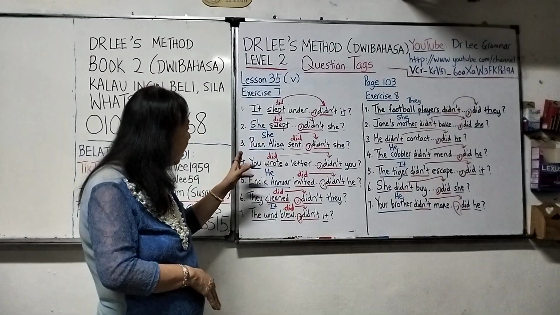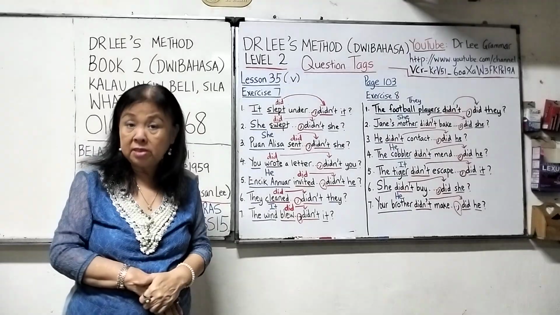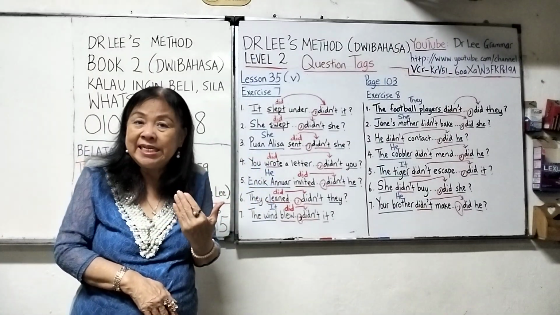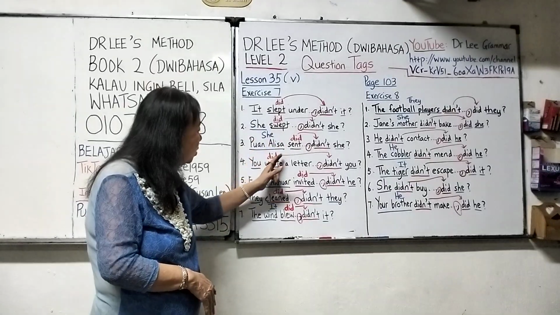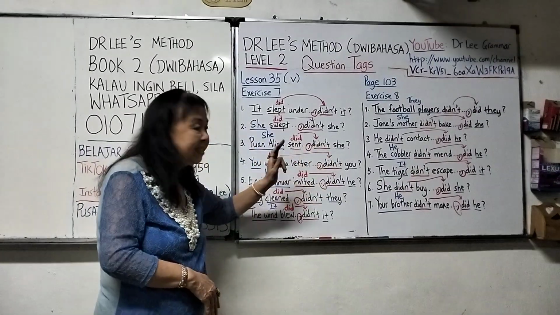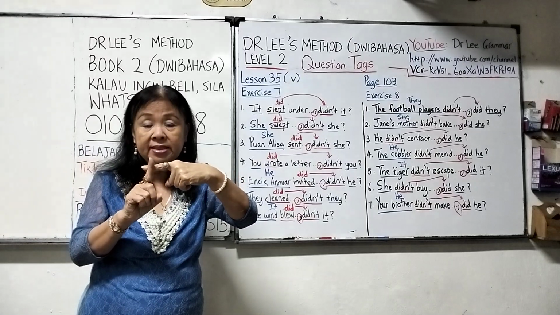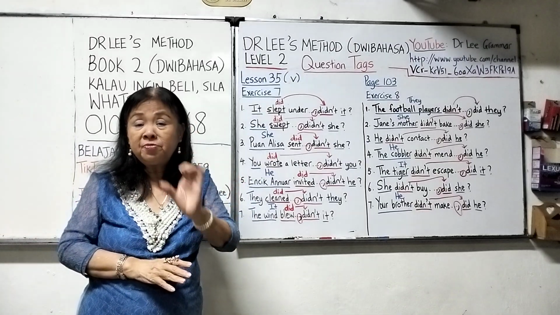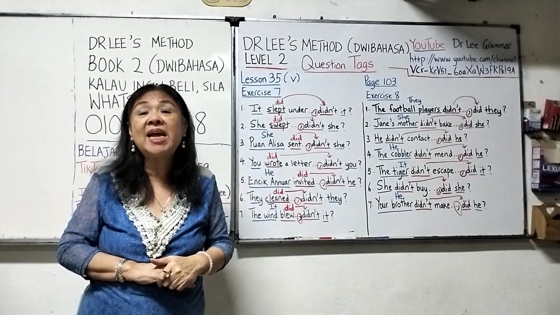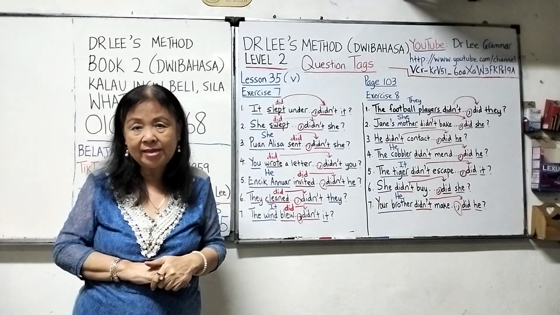Okay? Puan Alisa sent the parcel, didn't she? Puan Alisa is a woman or a lady. So we know that we have to use she. So bring it here. And then sent, S-E-N-T, is the past tense. The base form, or we use it in the present tense, S-E-N-D, that is the present tense.